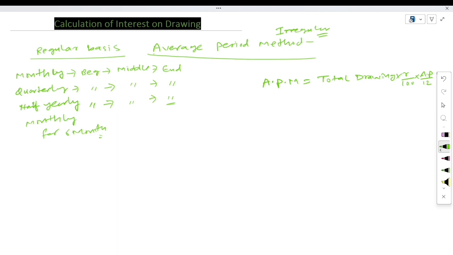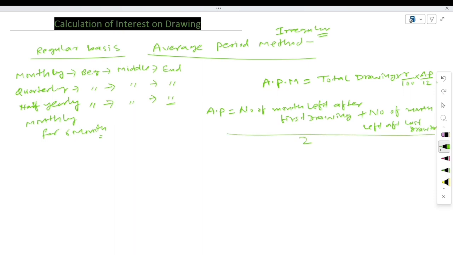Now how will you calculate the average period? For calculating average period, the formula used here is: number of months left after first drawing plus number of months left after last drawing, upon 2.